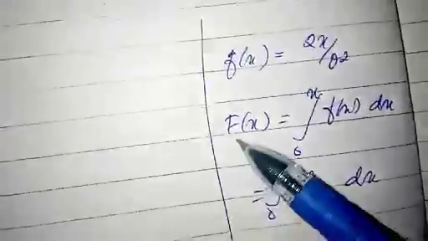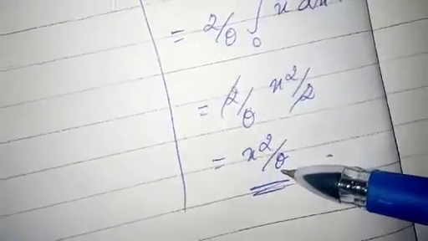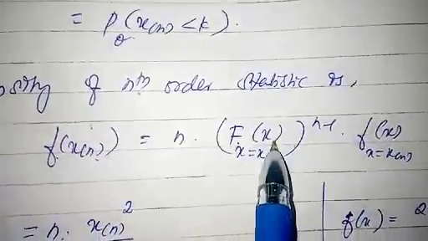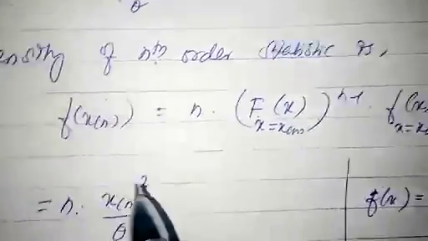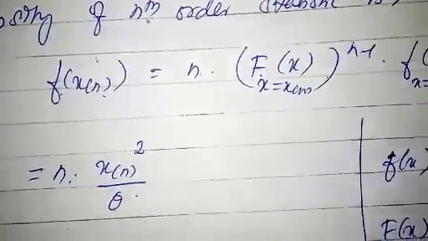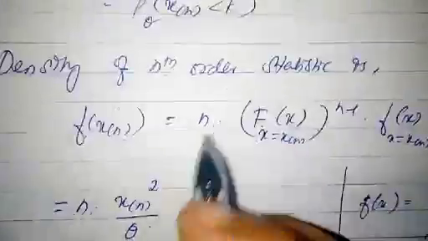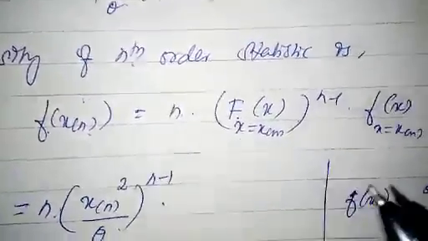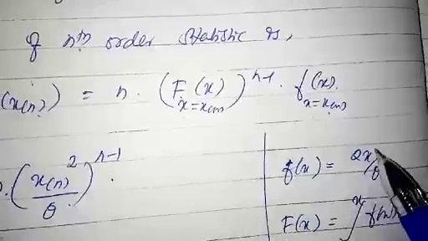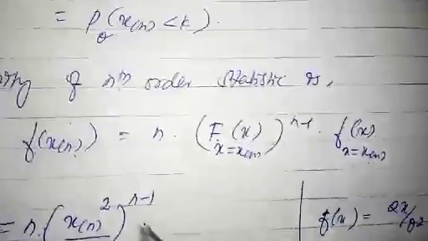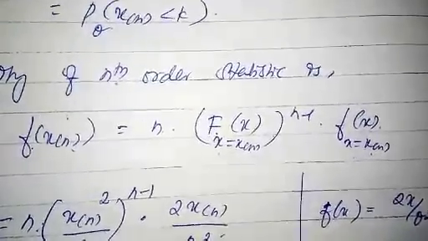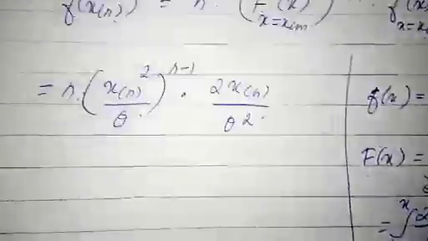Here capital F of x equal to x square divided by theta square, but in the nth order statistic formula we have to write F of x where x equal to xn. Then here F of xn square divided by theta square to the power n minus 1, into f of x, where x equal to xn, right? Here f of x is 2x divided by theta square. Then you can write here 2xn divided by theta square, right?